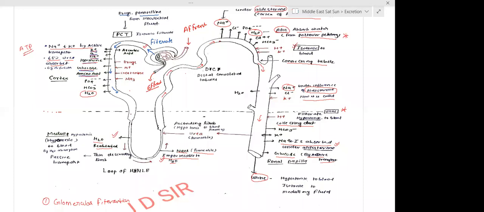At the collecting duct, we use urine for filtrate. Full stop. Urine is hypertonic to blood. Urine is hypertonic to blood.